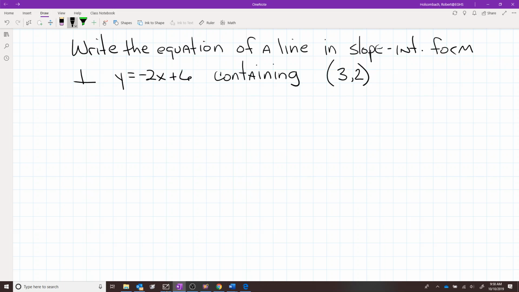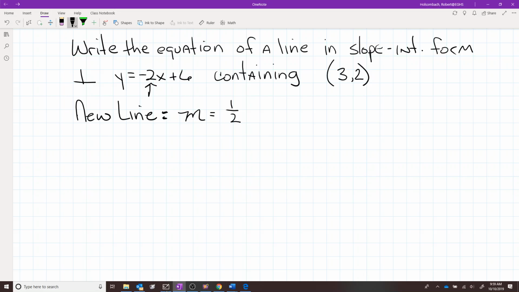So our new line has a slope of, if the new line has to be perpendicular to the given line, perpendicular lines have slopes that are negative reciprocals. So we need the negative reciprocal of negative 2. It's going to be positive 1/2.